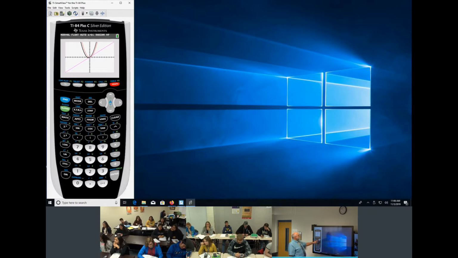Okay, so if we go to the y3, I want to trace, and so it tells me up here what line I'm tracing. So y1 I don't want, y2 I don't want, okay, y3, that's the sum. Okay, so now if I type in any value for x, it'll give me the value of the function.